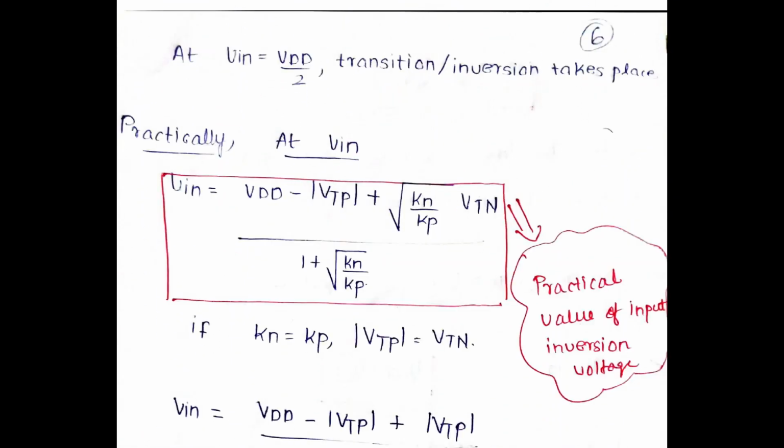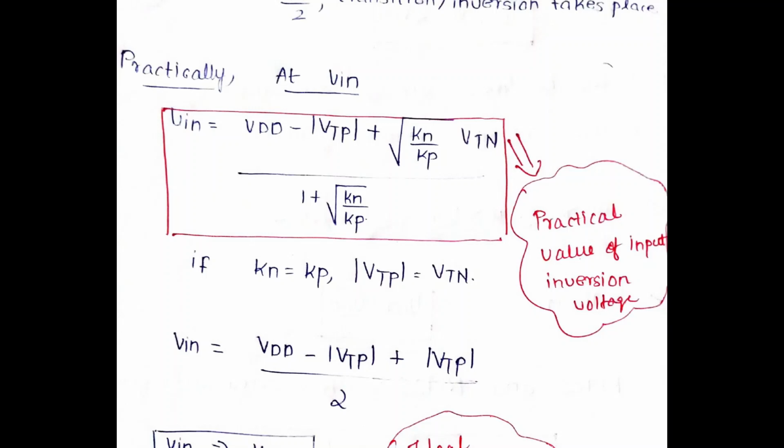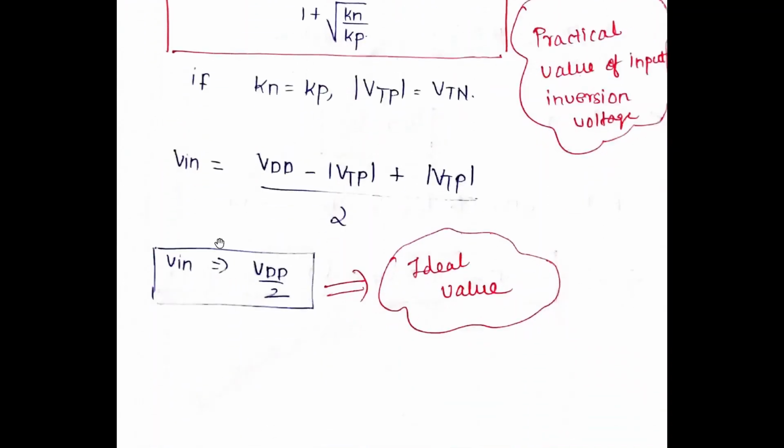For the Vin value at that time, it is given as VDD minus mod VTP plus square root of Kn by Kp into VTN, upon 1 plus square root of Kn by Kp. If Kn is equal to Kp and if mod of VTP is equal to VTN, I can say that my Vin is equal to VDD by 2.